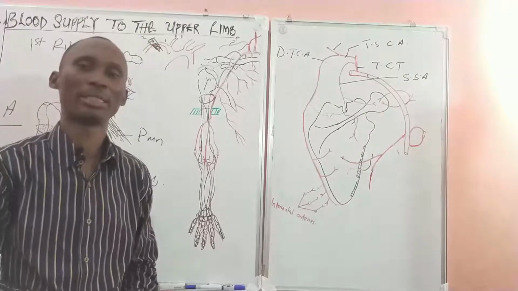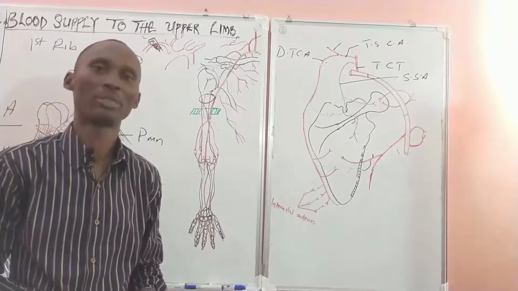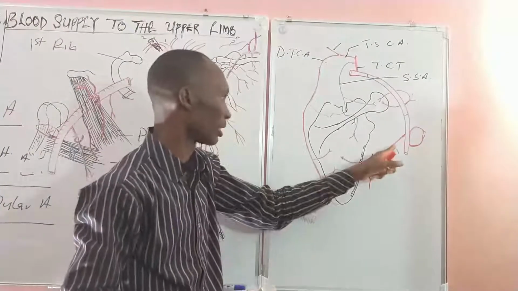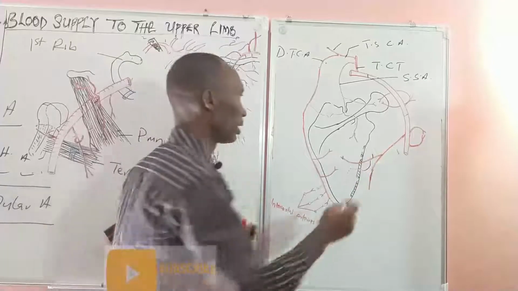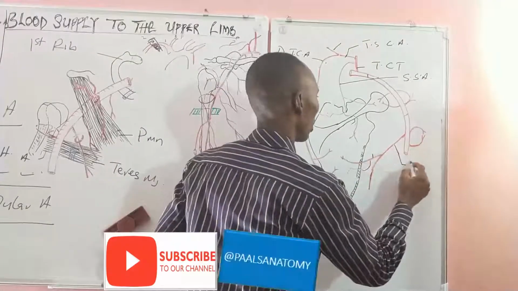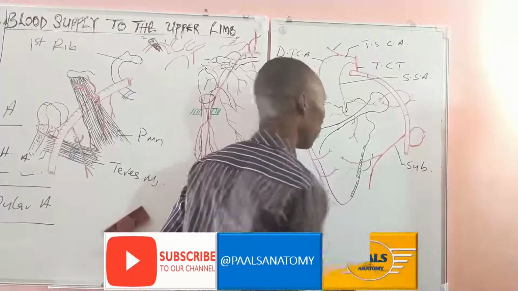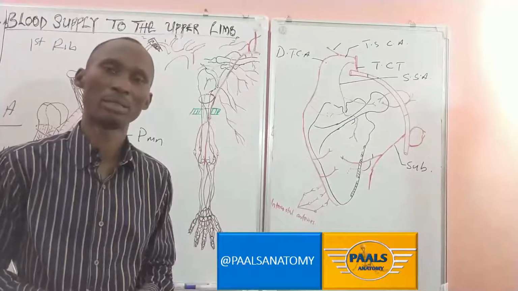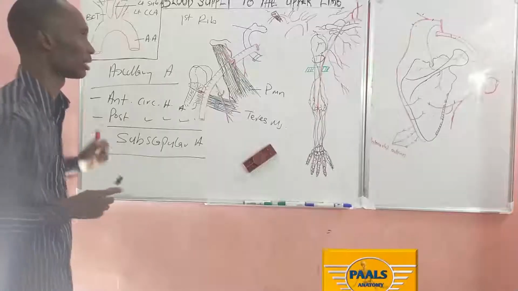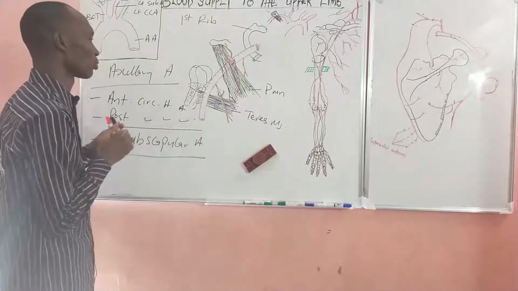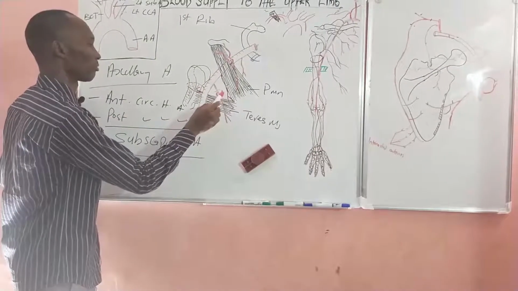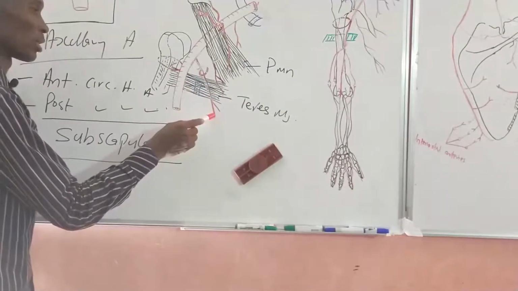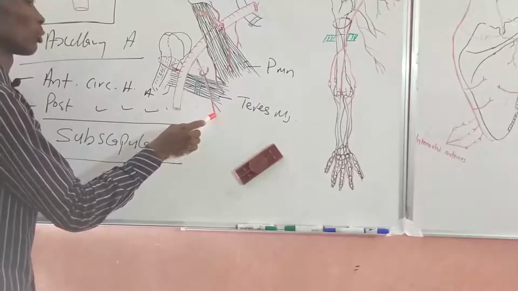Now let's look at the part of the axillary artery that is involved in this anastomosis. The part of axillary artery involved in this anastomosis is the subscapular artery. The subscapular artery, as we've already noted in our earlier lecture, has these two terminal branches: the circumflex scapular artery, and the branch that is going down towards the latissimus dorsi, which is called the thoracodorsal artery.